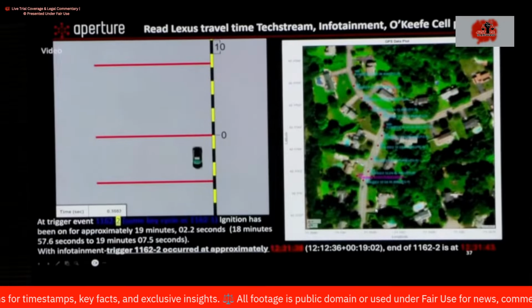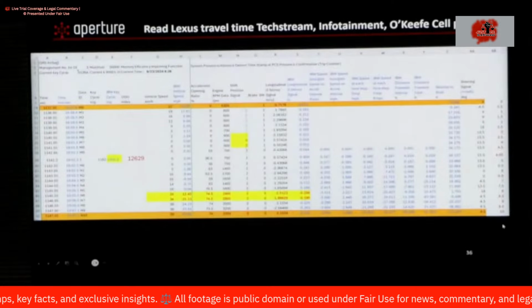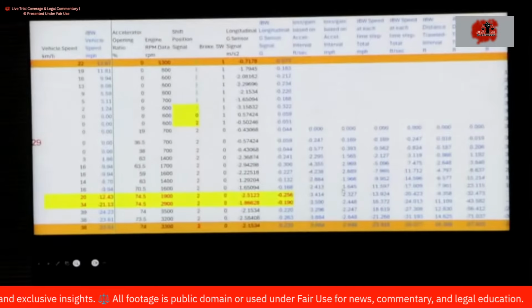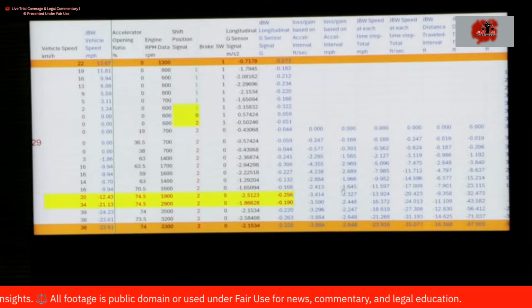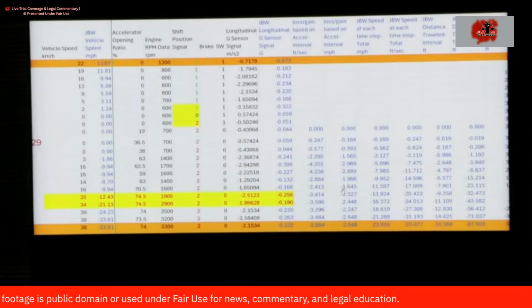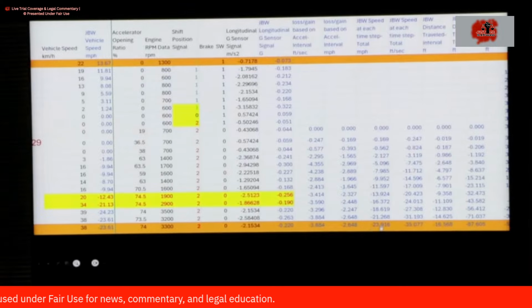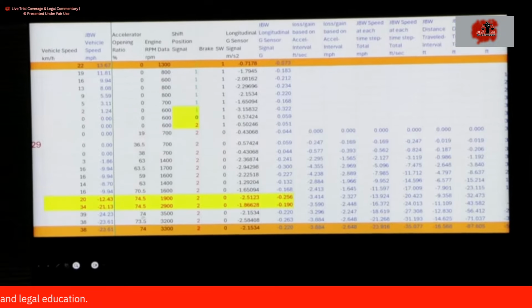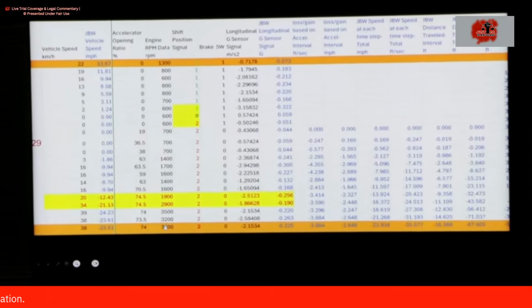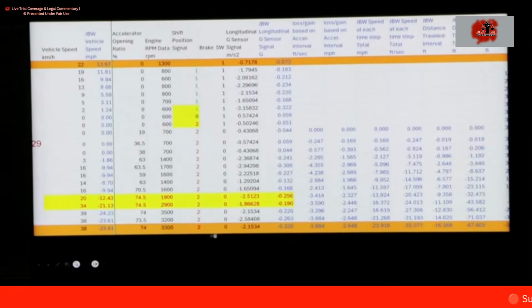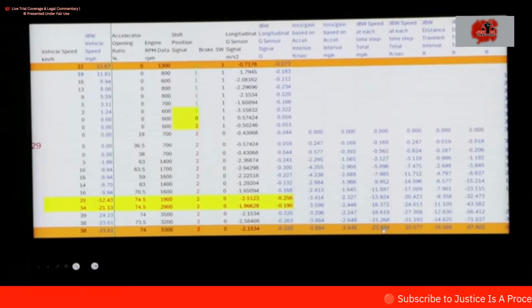You'll have to zoom in on that so the jury can see what you're referring to. Please. So again, as I mentioned, the Techstream is taking a window of data. It doesn't take anything outside the window. You can see that when we account for the wheel slippage, the vehicle at the time of the last data point is at 74% throttle, 3,300 revolutions per minute, and is going backwards approximately 23.9 miles per hour.